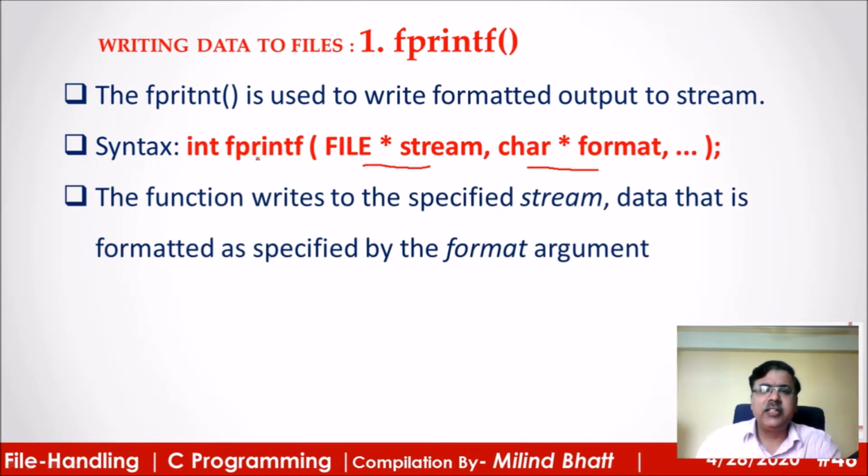The function writes to the specified stream, which is my file where I want to write, the data that is formatted and specified by the format argument. So I can write some data to a file as per my formatting. What it means, we will check in the example.